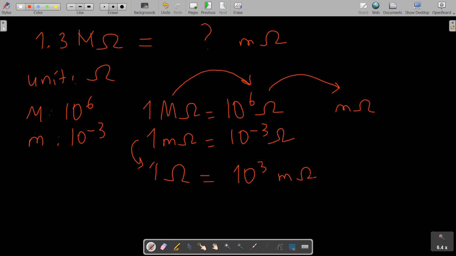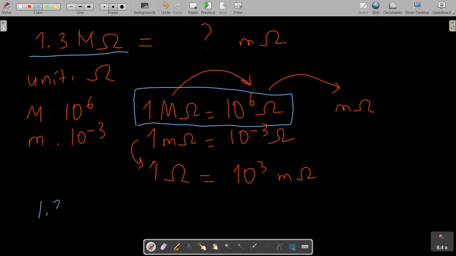Okay, so knowing all this information, I'm just rewriting everything so that I can do it nicely. If I know 1 mega ohm is 10 to the power 6 ohms, therefore I can say that 1.3 mega ohm is 1.3 times 10 to the power 6 ohms. This last equation comes from this one here. Now, how can I go to milliohm?